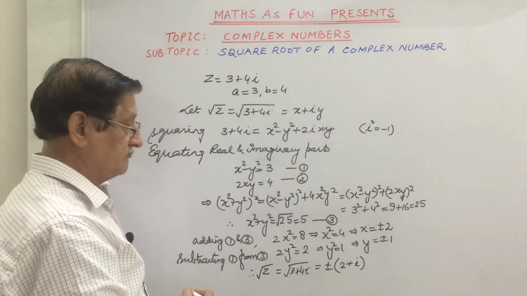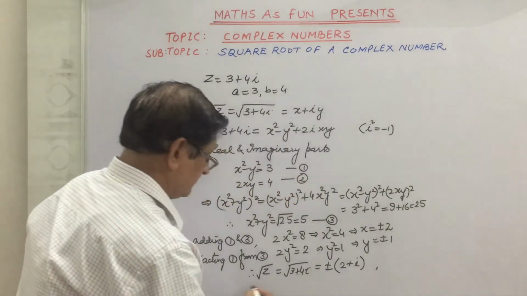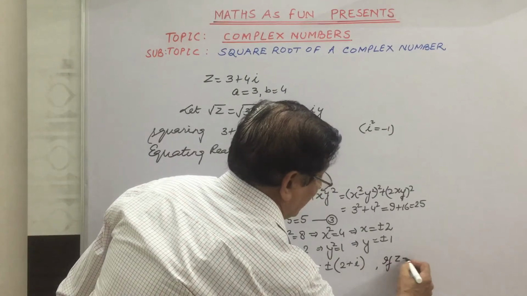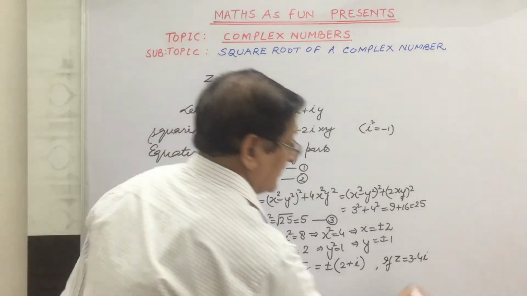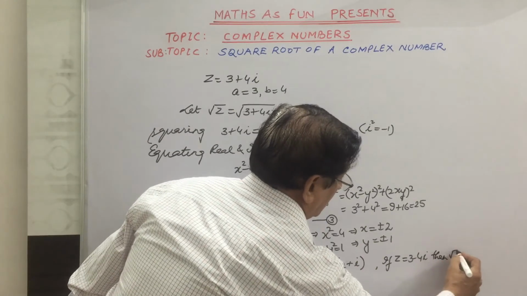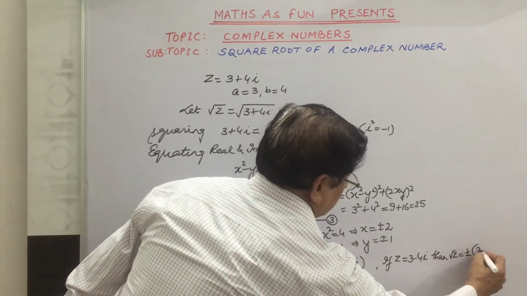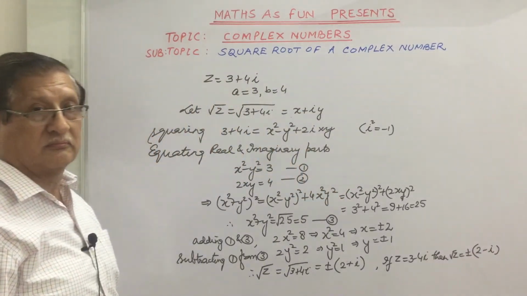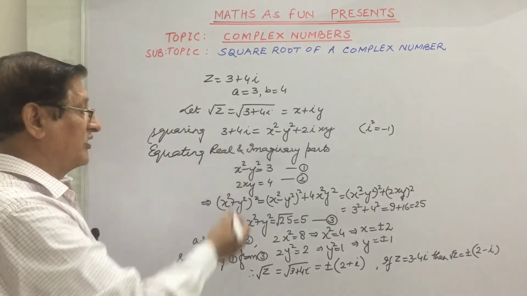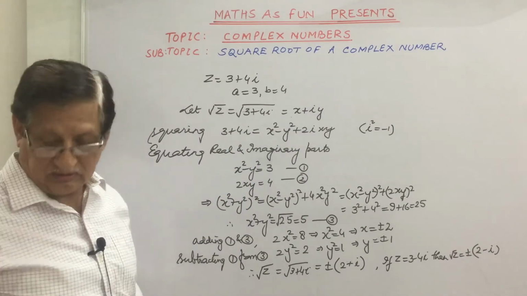Now, if we have z equal to 3 minus 4 iota, then root of z will be plus minus 2 minus iota. You can see that. So this is the way we can find out the square root of any complex number which is given to us.